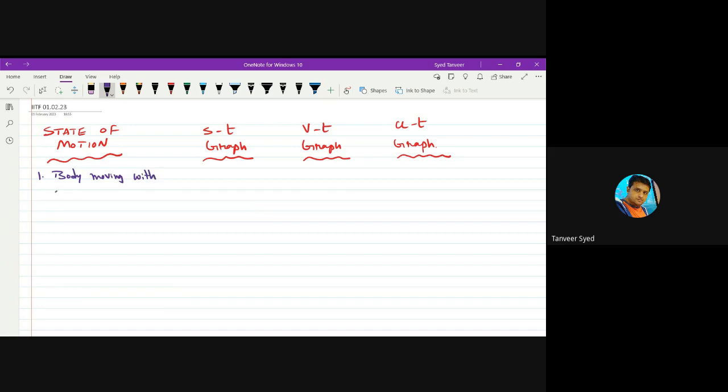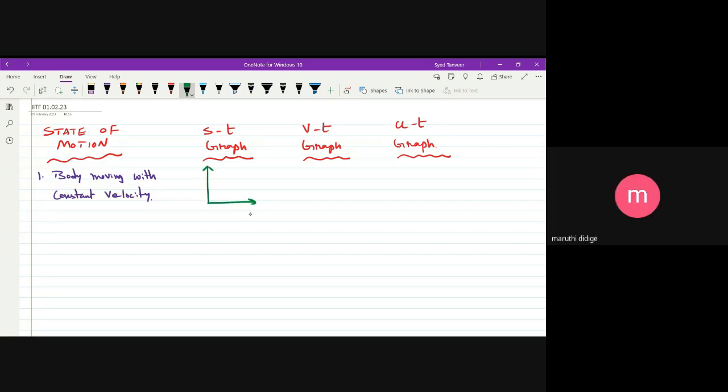Or in other words, the body is in uniform motion. How will the displacement time graph be for this motion?